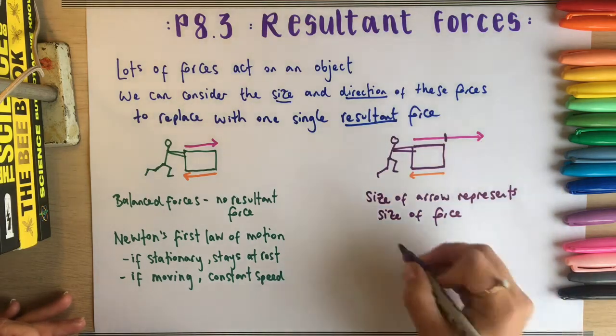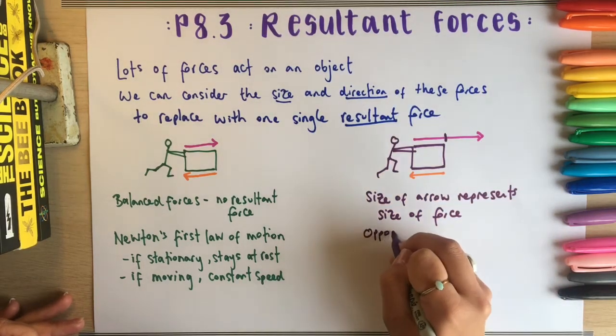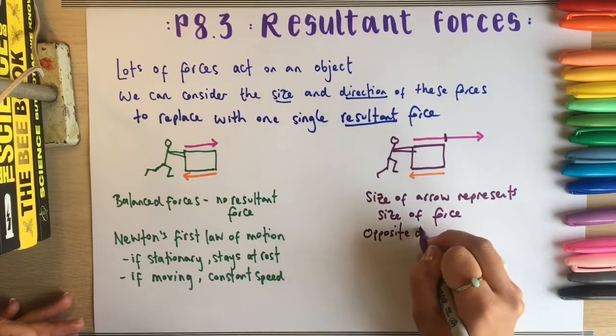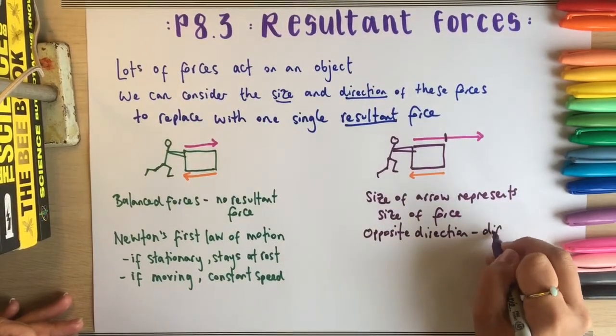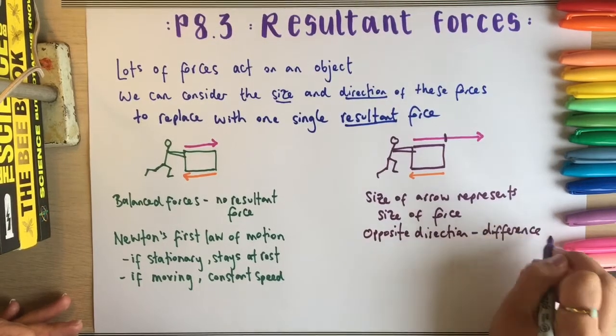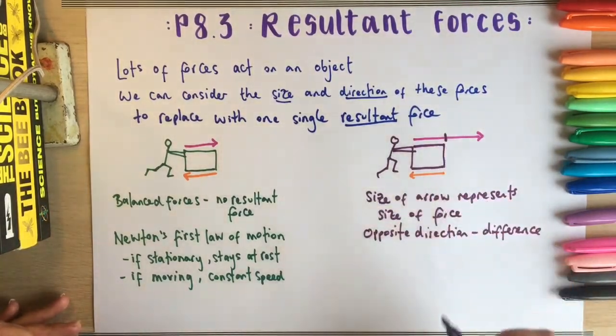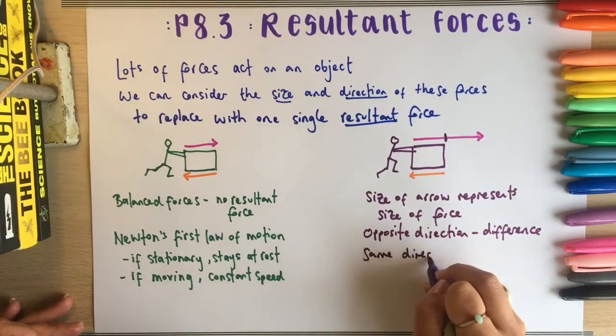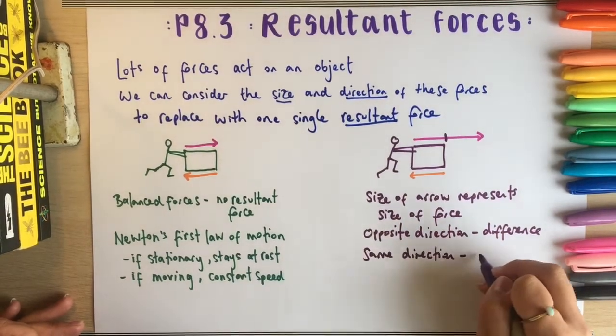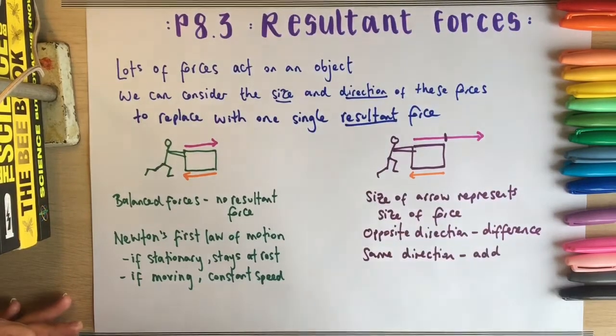So if they're in the opposite directions, then it is the difference between the two arrow sizes. If they're in the same direction, then we just add the values together.